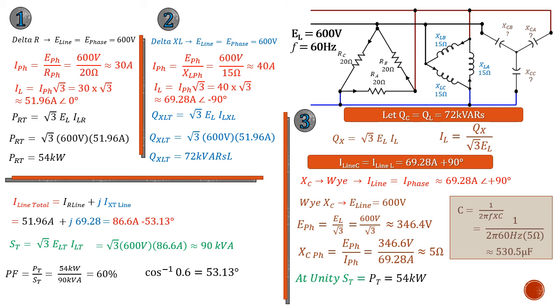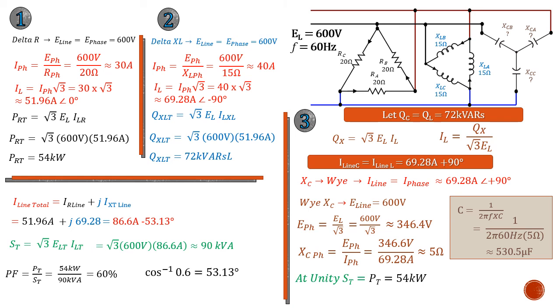At unity, now that we have our capacitance canceling out our inductance, we're only left with our resistive network. So our new apparent power at unity is equal to our true power, which, as we calculated out at the start, was 54 kilowatts.